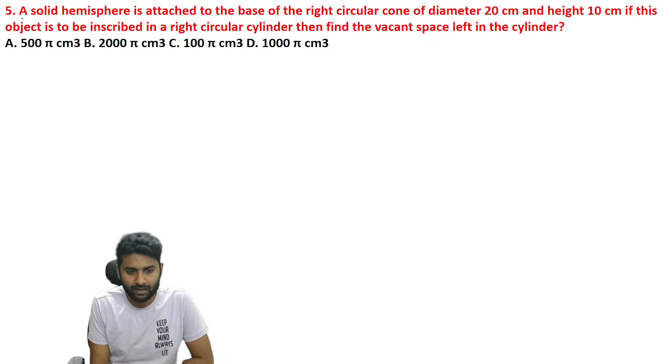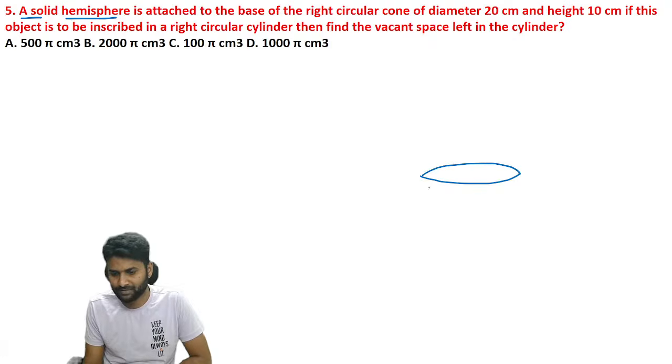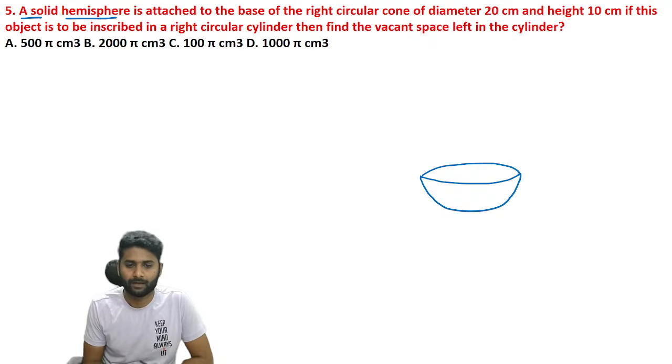A solid hemisphere. Let's draw the hemisphere. Guys, understand this information. Half of the sphere is a hemisphere. This is the hemisphere, attached to the base of a right circular cone.